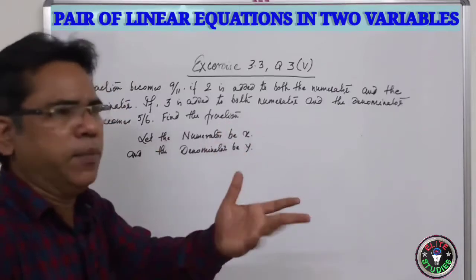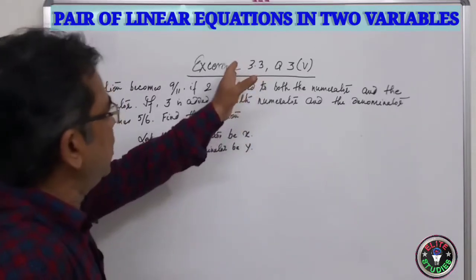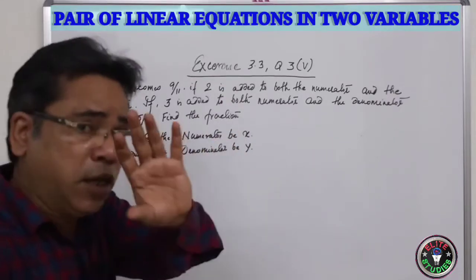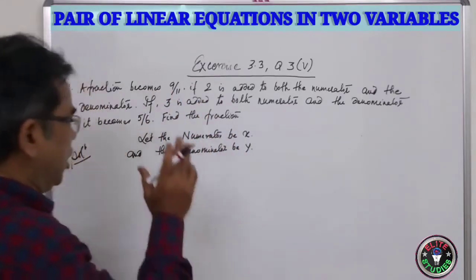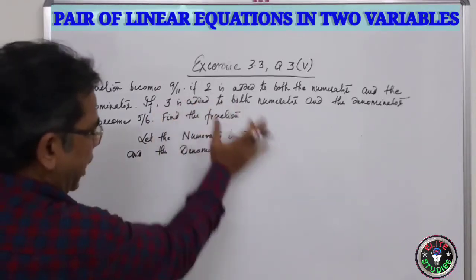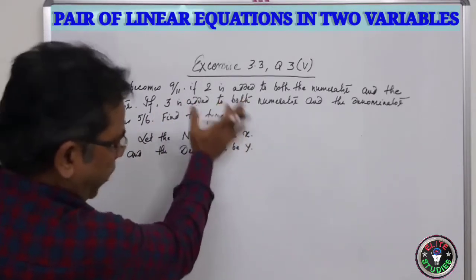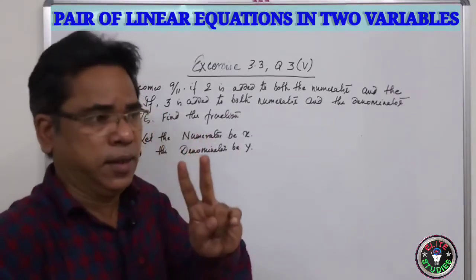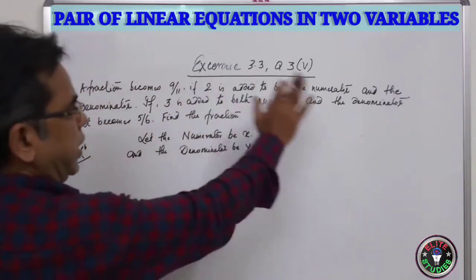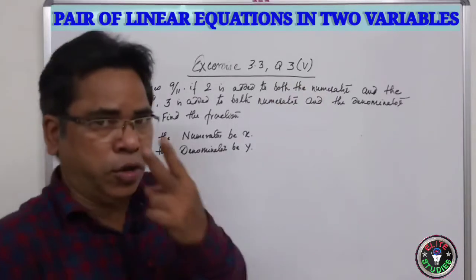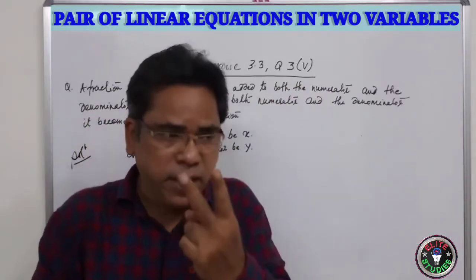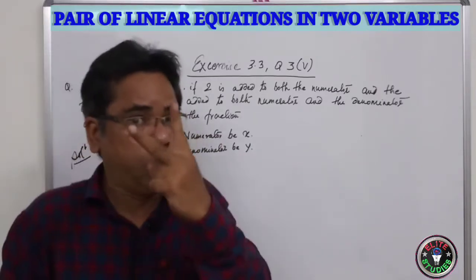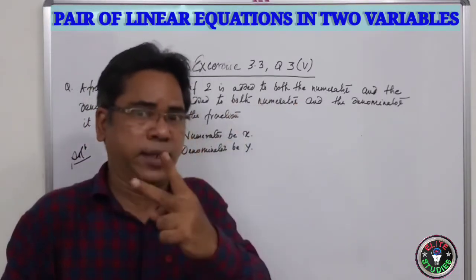You can apply any method, but for the sake of this exercise, we will solve the framed equations by the method of substitution. Now next, after denoting the unknowns by two variables x and y, we have to frame two equations. Remember, dear students, since there are two unknowns, we need two equations, no more, no less.